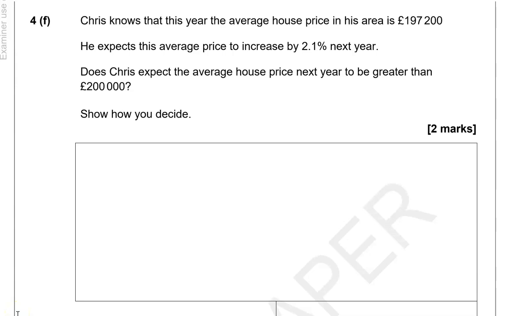So we're going to increase £197,200 by 2.1%. So there are different ways we could do this. Simplest one would be just to go 2.1 out of 100 multiplied by the number, which gives us 4,141.2. That's the increase.